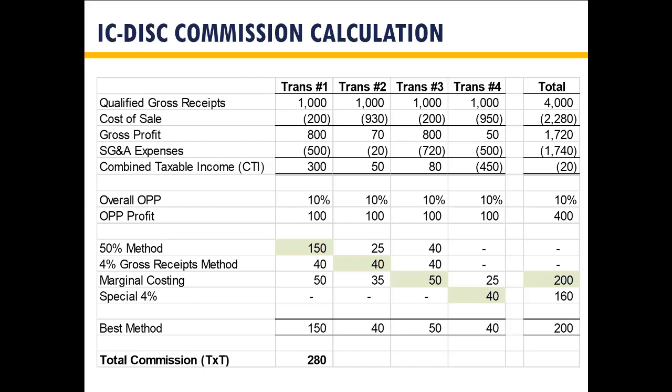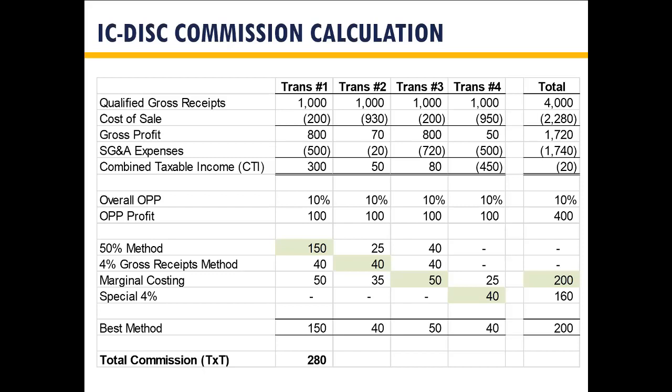The reason it dropped down to $35 is because our gross profit is $70, and that's less than our OPP profit. So we have to take 50% of our gross profit to get to the $35. So in this example, the $40 under the 4% method gives us the best result, and that's the commission we can take for transaction 2.